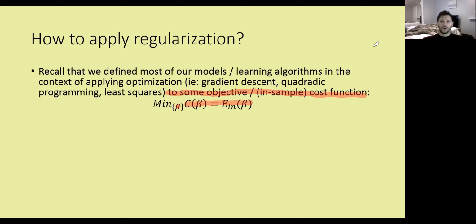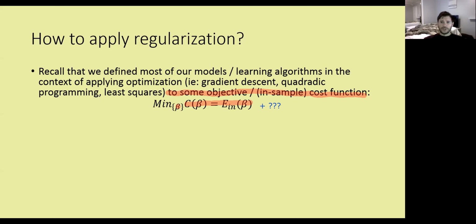And what we are going to do to implement regularization is force a trade-off in this problem by adding another term. This term is going to force a trade-off between the in-sample fit and really the out-of-sample error.